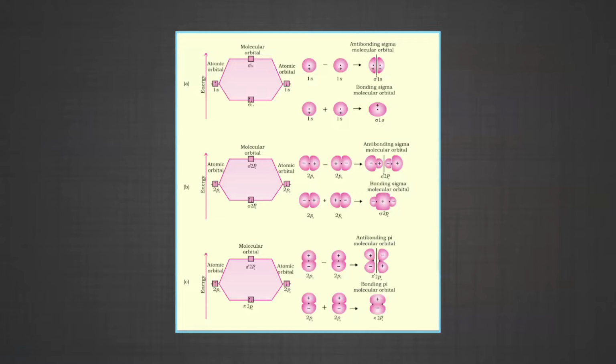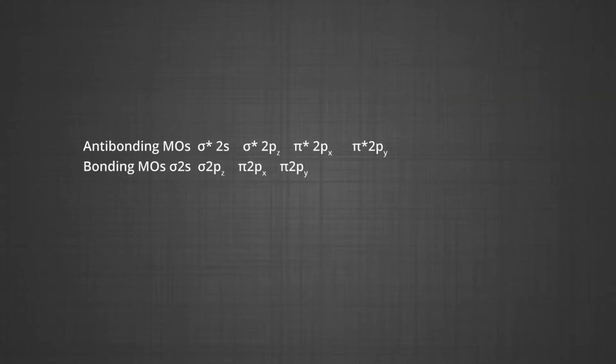The figure shows you the contours and the energies of the bonding and antibonding molecular orbitals formed through the combination of 1s atomic orbitals, figure B shows you the 2pz atomic orbitals, and figure C shows the 2px atomic orbitals. Antibonding molecular orbitals: sigma antibonding 2s, sigma antibonding 2pz, pi antibonding 2px and pi antibonding 2py.